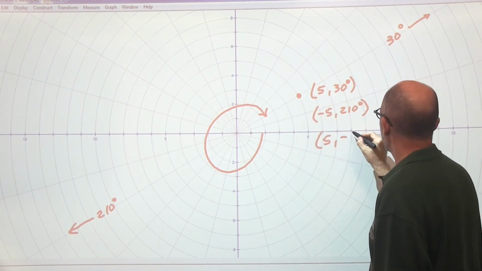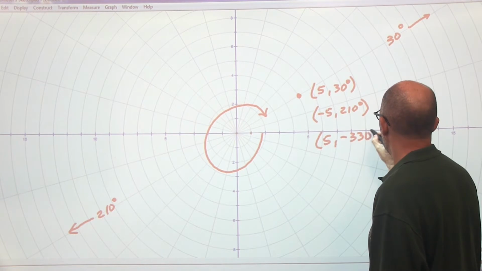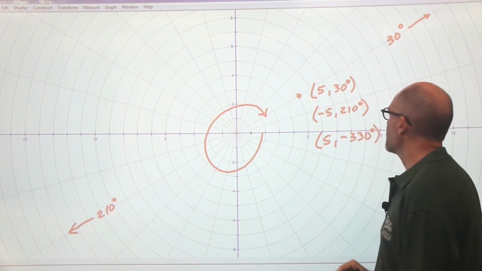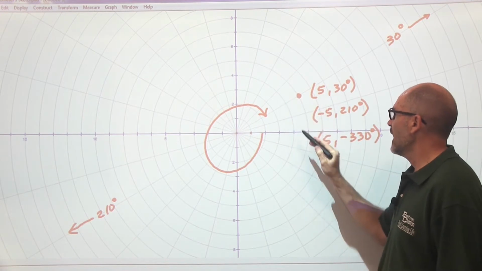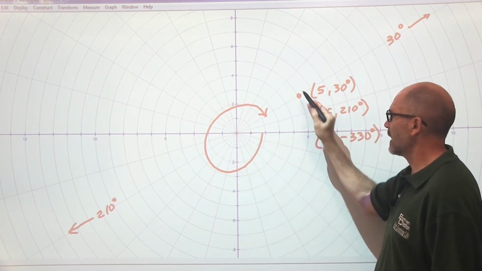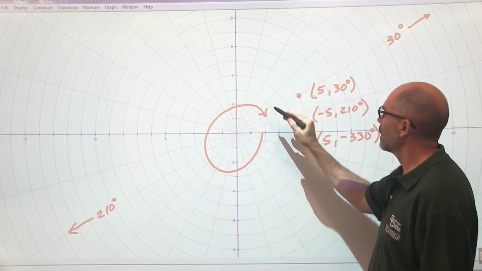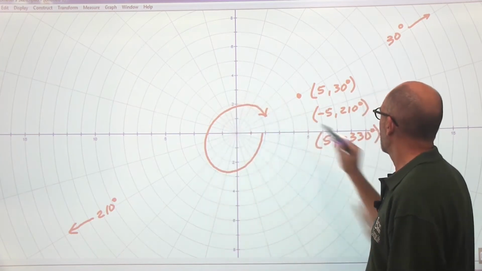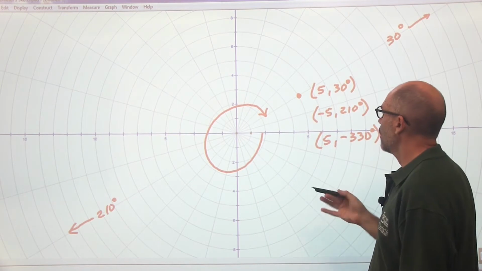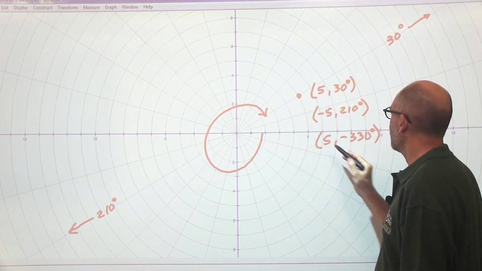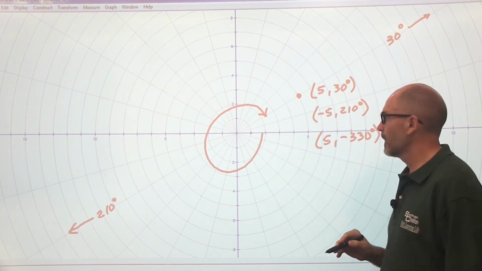So that'd be negative 330. Remember, we count angles positive in the counterclockwise direction, negative in the clockwise. So I went negative 330 degrees, and I'm at 5. So that's another way of naming that point.